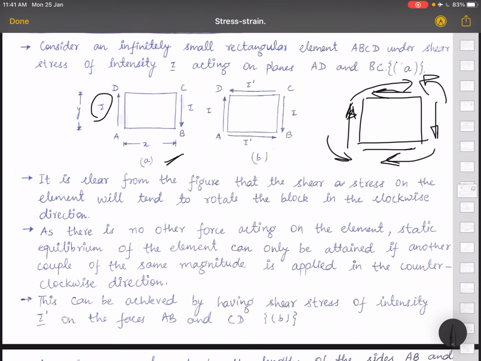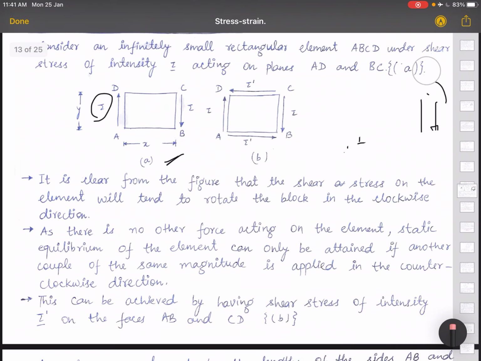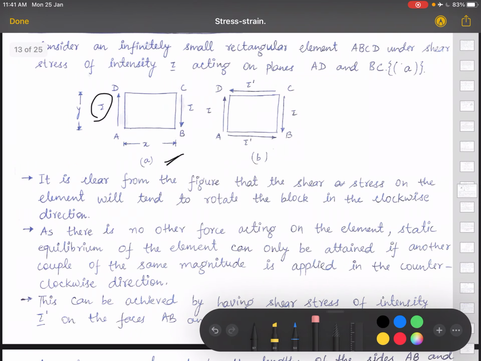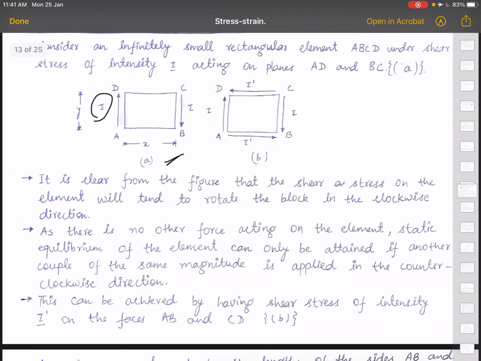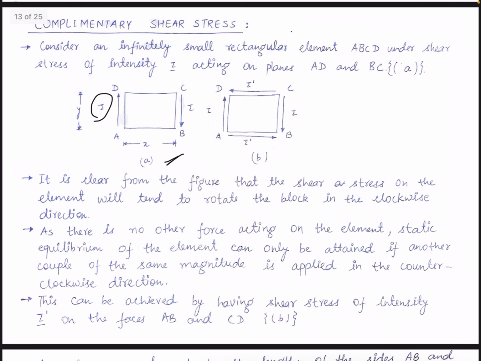This can be achieved by having shear stress of intensity tau dash on the faces AB and CD.